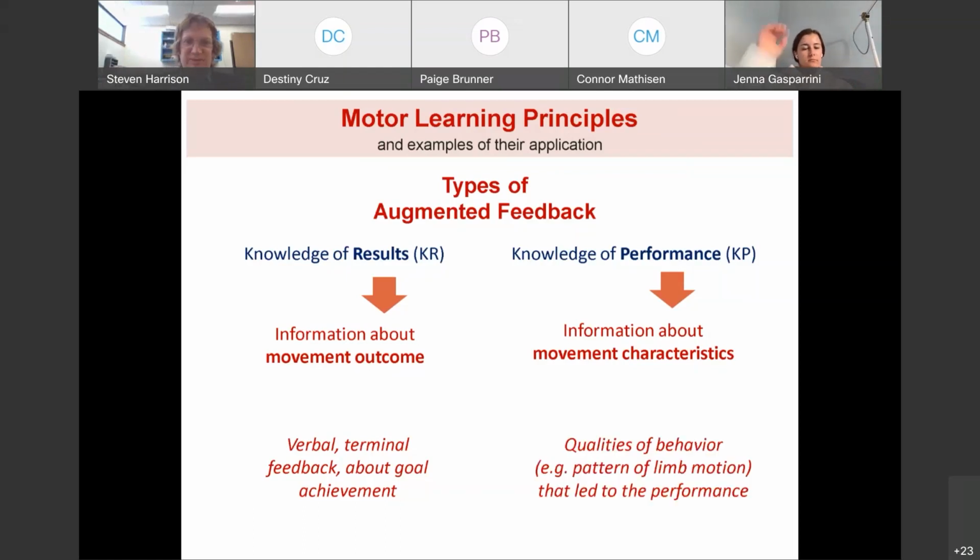So here we're talking about qualities of the behavior. In gait training, that might be a particular aspect of the kinematics of the movement, or in stepping, commenting upon the degree to which the foot is pulled up off of the ground, and identifying qualities that could contribute to the particular type of performance that was observed.